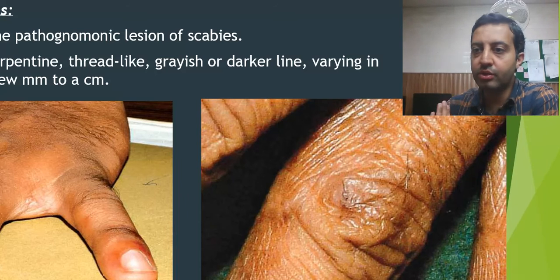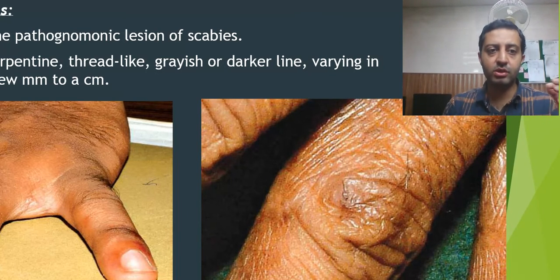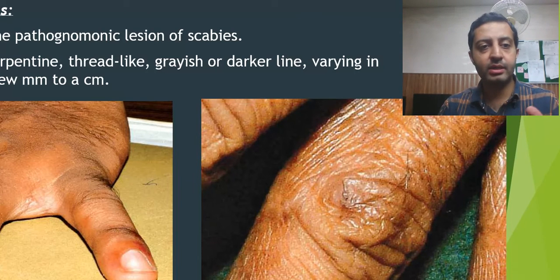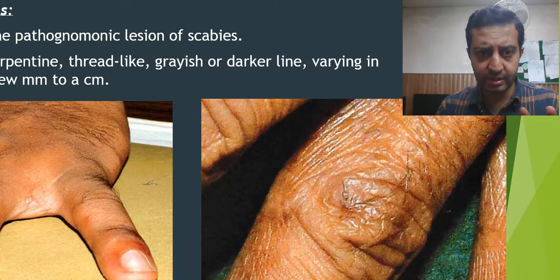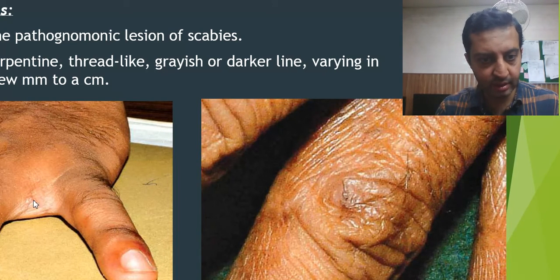And what is the morphology of these primary lesions? As I have talked about previously, this bug burrows within the skin, that is pathognomonic for scabies. Here you can see the burrowing, and here you can see the affected area as well.